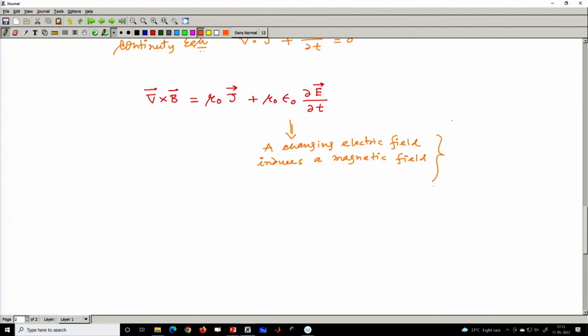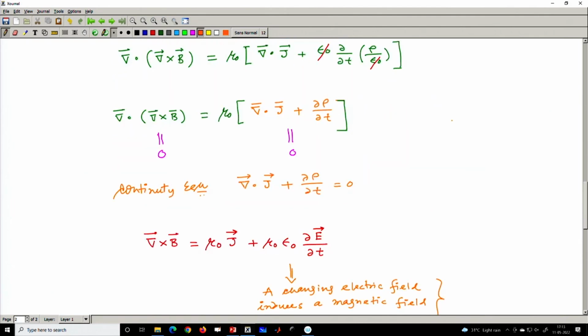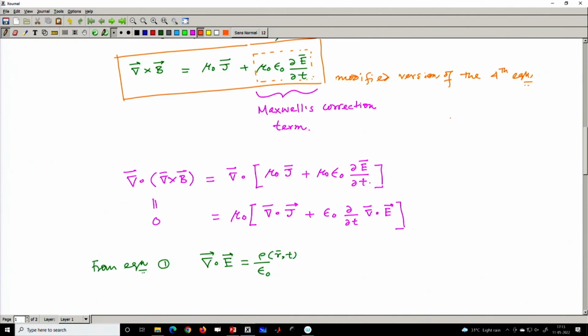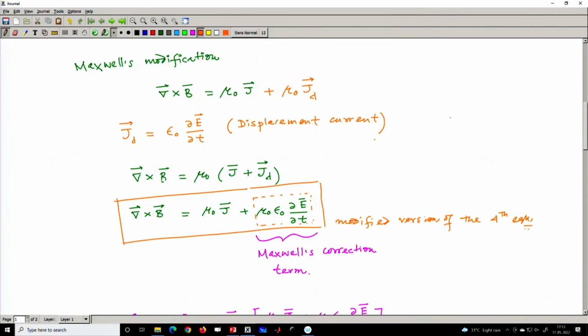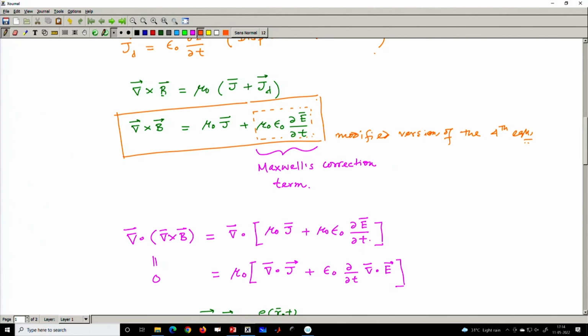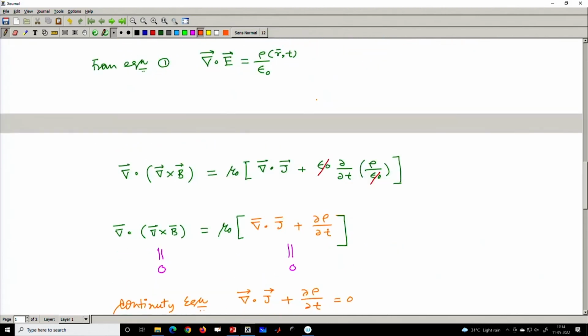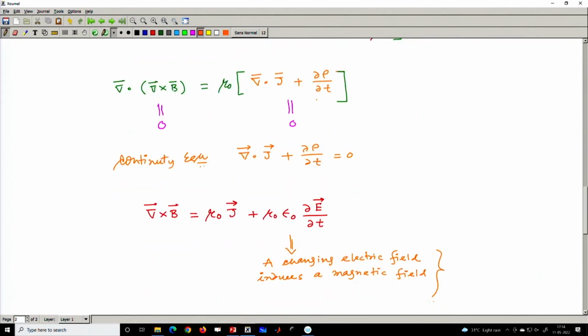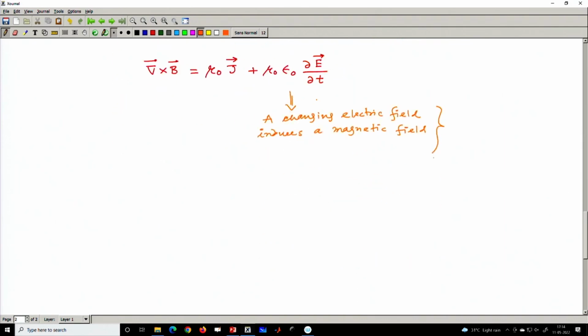Now, let us try to understand physically the concept of this displacement current that we put here. We put it here as an ad hoc addition, and then we find that after putting this addition, the left hand and right hand sides match nicely when we take the divergence of both sides. The left hand side is unconditionally 0 and the right hand side also leads to an equation which is unconditionally 0.